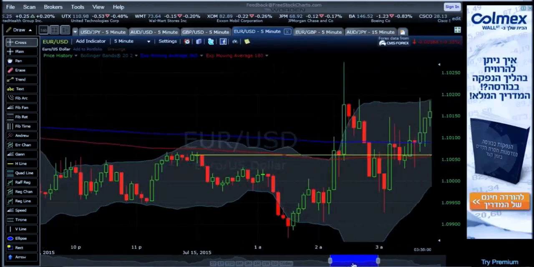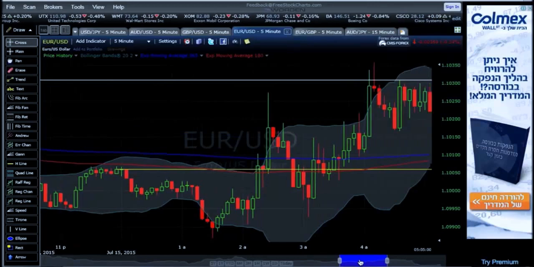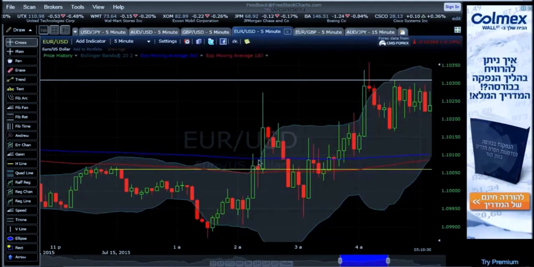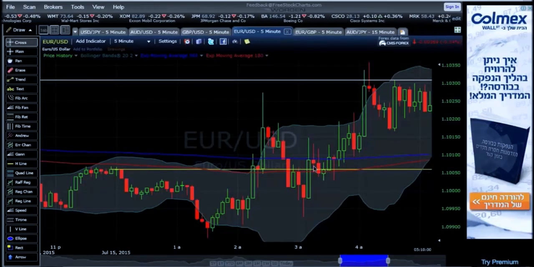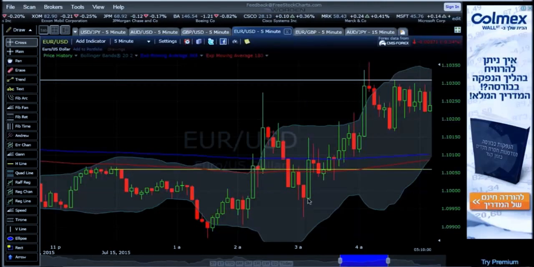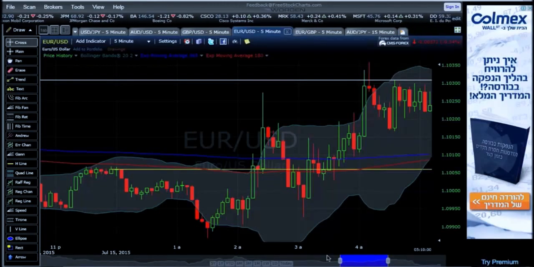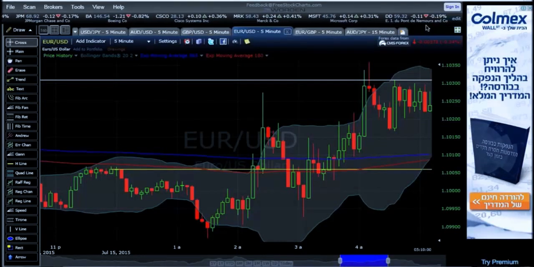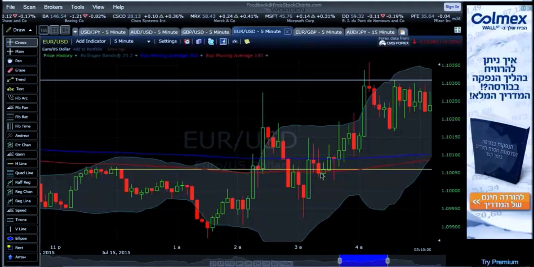Another important thing to remember, you don't want to trade when the moving averages are that close to each other or when price is trading between the lines, because it can mean two things. It can mean that the current trend is changing, or that we have a neutral trend going on.